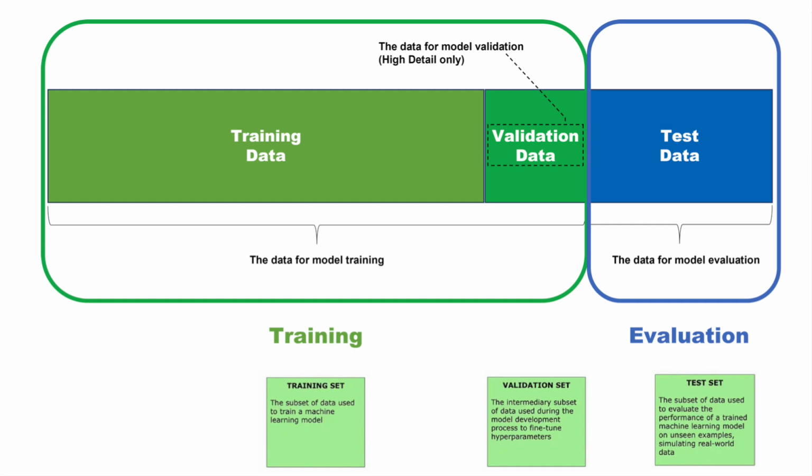Once the model is fully trained and tuned, we use the test data. This is a completely untouched dataset to evaluate how well the model performs on new, unseen observations. And this gives us a realistic idea of how it would behave in the real world. In short, training data teaches the model, validation data tunes the model, and testing data evaluates the model.